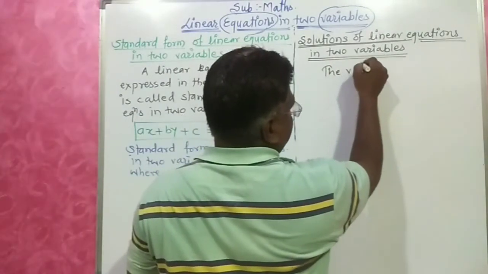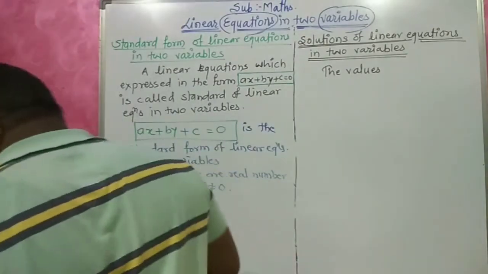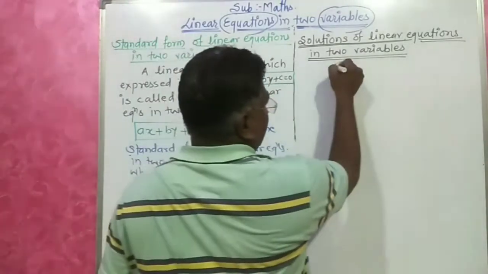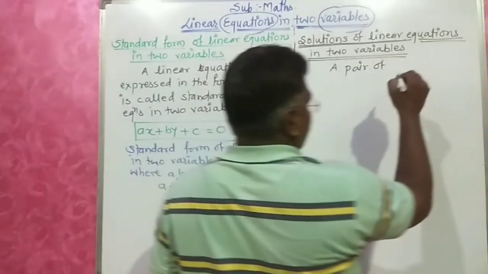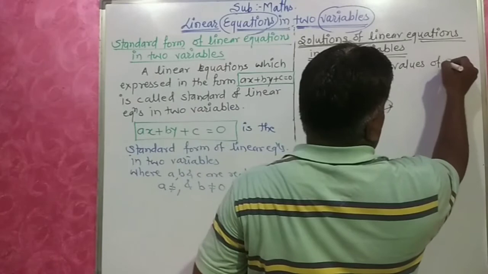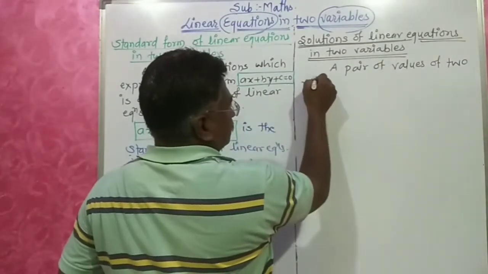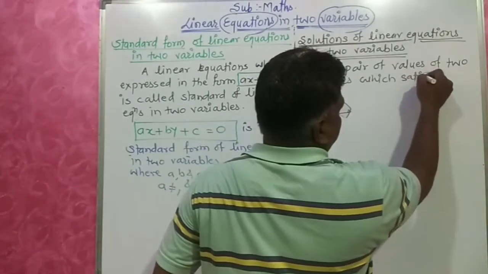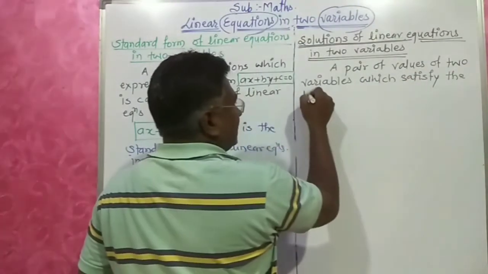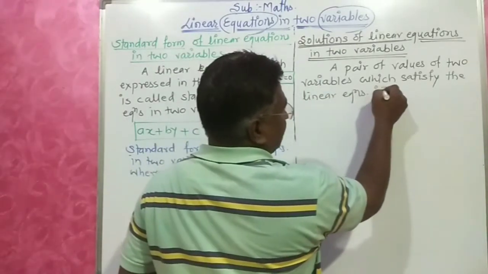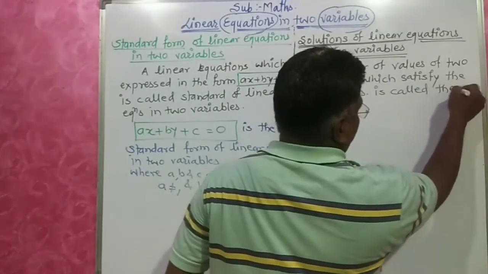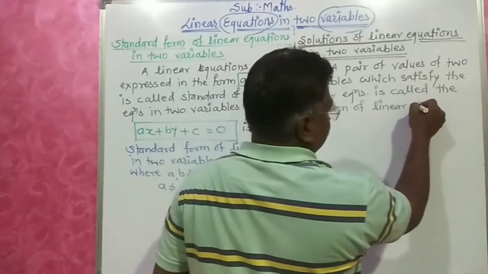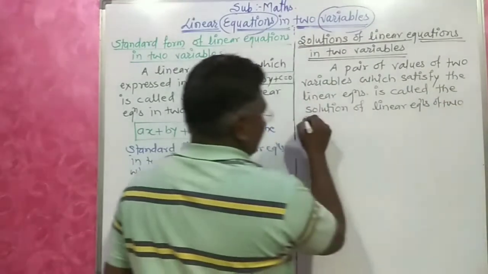The values, or a pair of values of two variables which satisfy the linear equation is called the solution of linear equation in two variables.